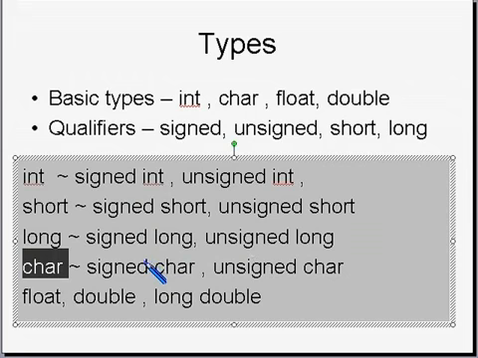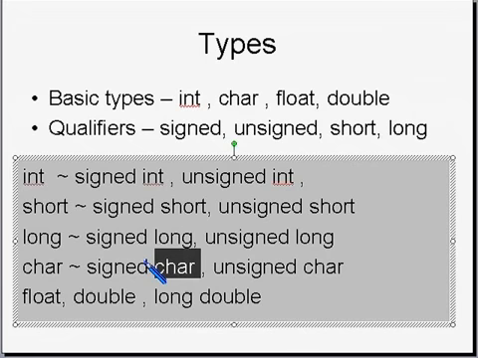For signed char, it is minus 127 to plus 128, and unsigned char is 0 to 256, and I think that's fairly constant everywhere. And float, double, and long double. Float is for decimal numbers, double is double precision decimal numbers, and long double is much bigger floating point numbers.